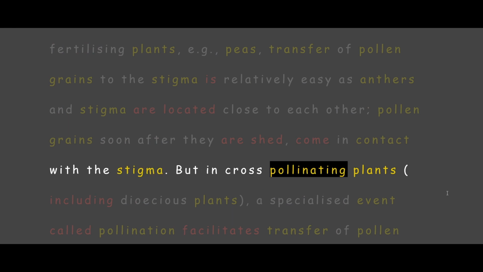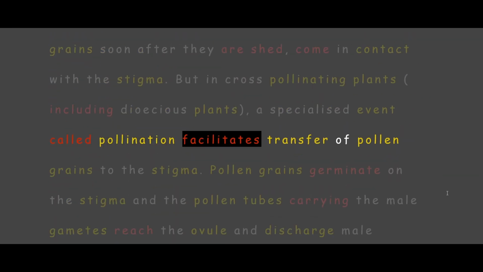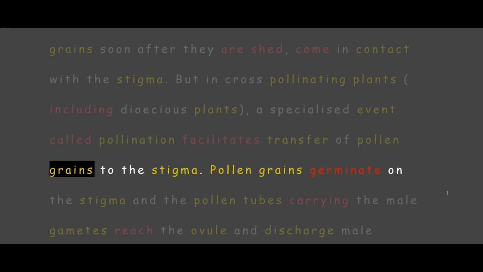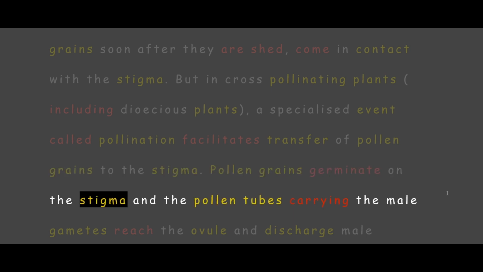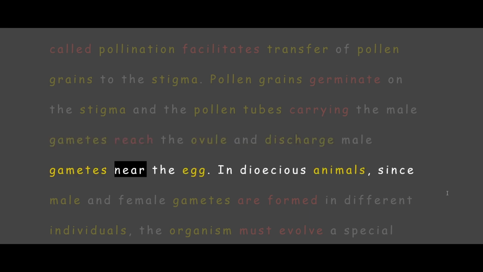But in cross-pollinating plants, including dioecious plants, a specialized event called pollination facilitates transfer of pollen grains to the stigma. Pollen grains germinate on the stigma and the pollen tubes carrying the male gametes reach the ovule and discharge male gametes near the egg.